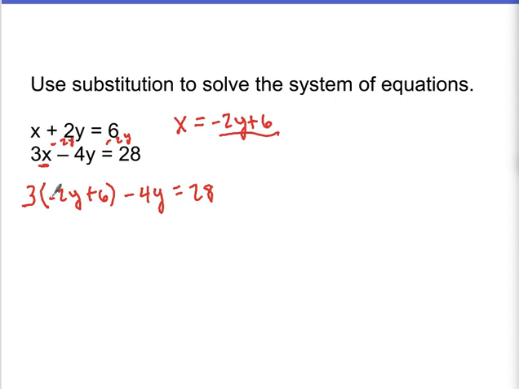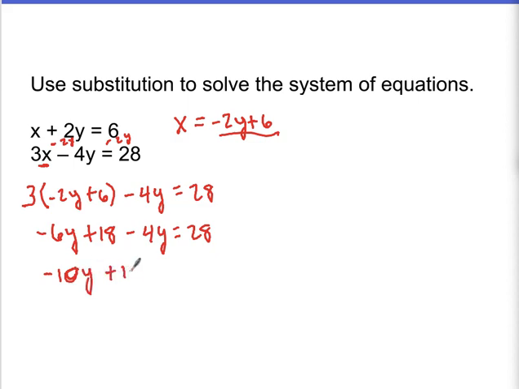So 3 times -2y would be -6y. 3 times 6 is plus 18 minus 4y equals 28. -6y minus 4y would be -10y plus 18.